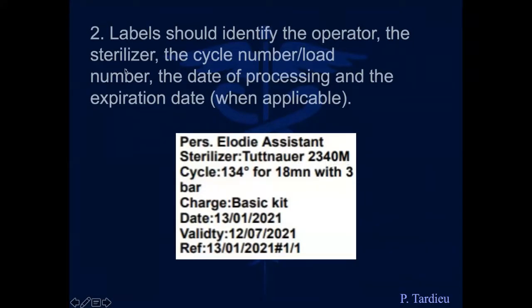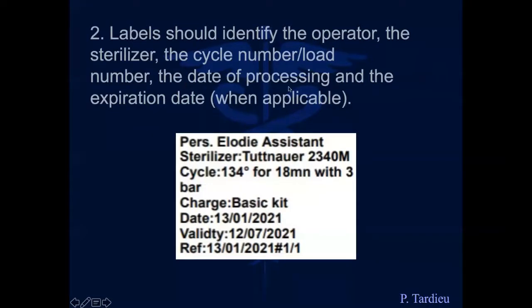So we need to follow what they ask: the responsible personnel, the sterilizer. Then they need to identify the cycle number. The cycle number is something that you will find from the sterilizer, the load number. So this is the reference number that we have here. It is edited one by one for each different cycle.